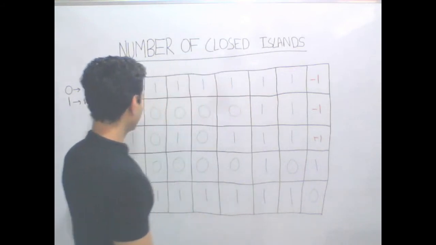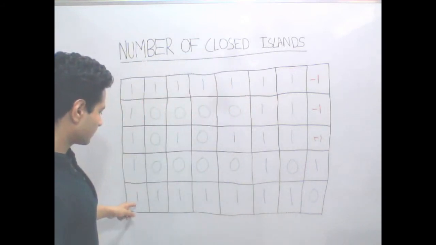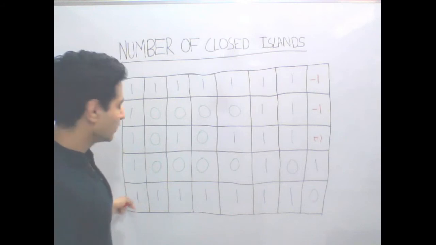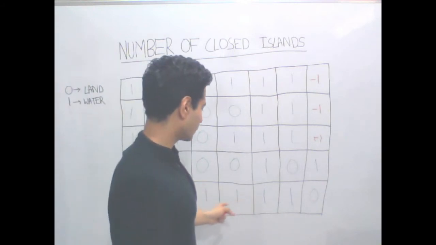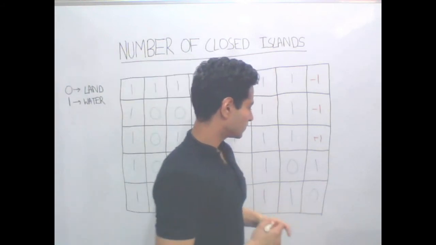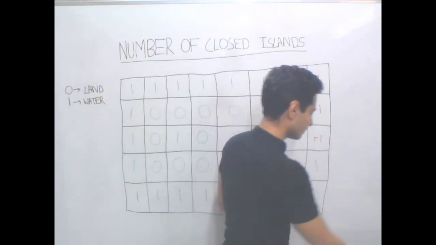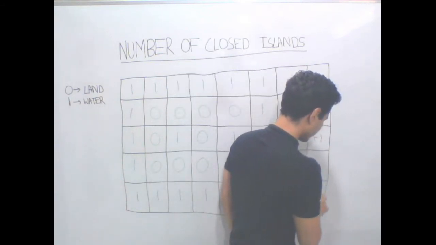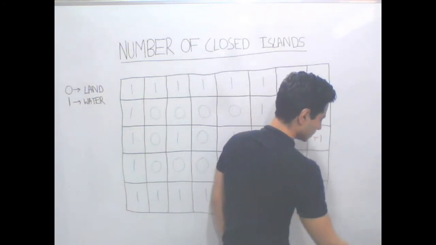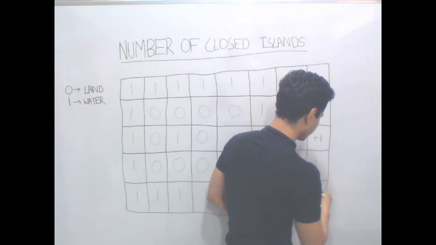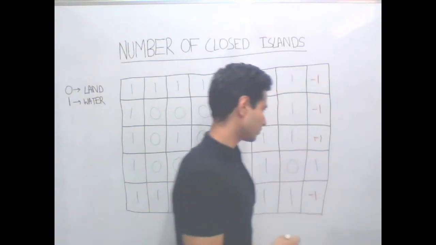Then we will go down this edge, there is no island. We will again go down across this edge. Now there is one land cell which is 0 and this is the only element, it has no neighbors, so it has ended here, and we mark this as -1.